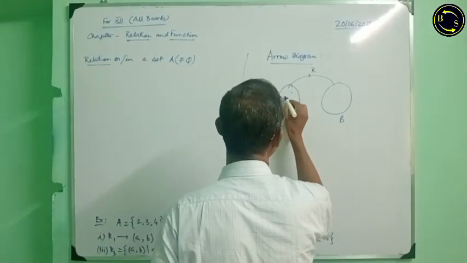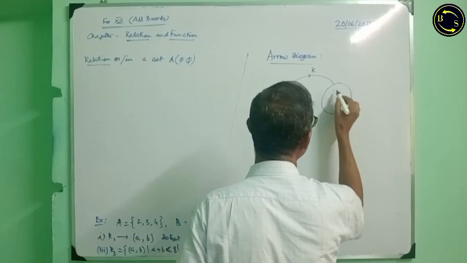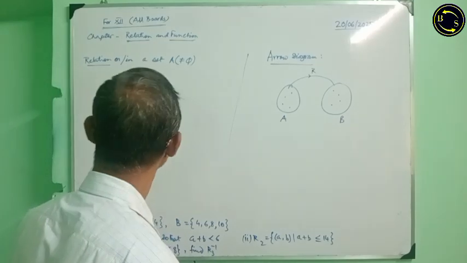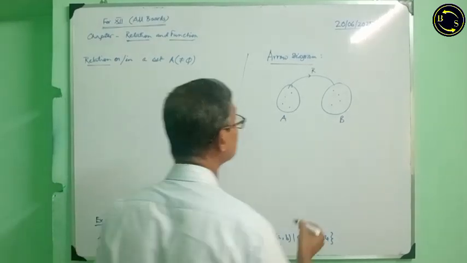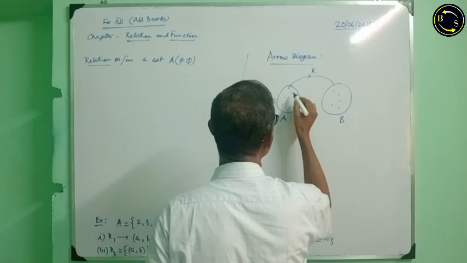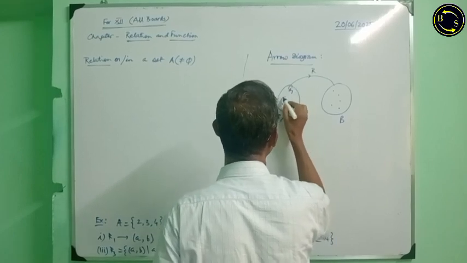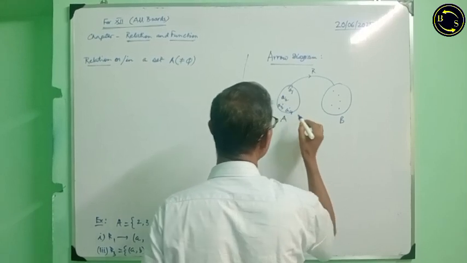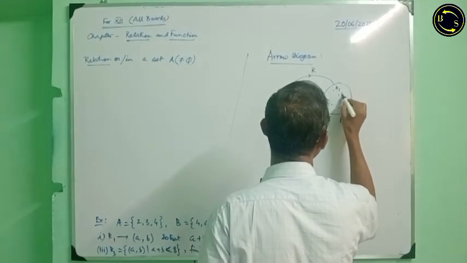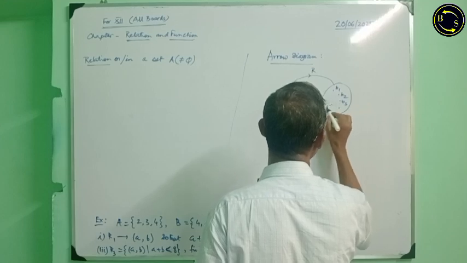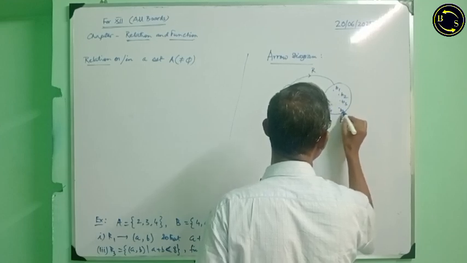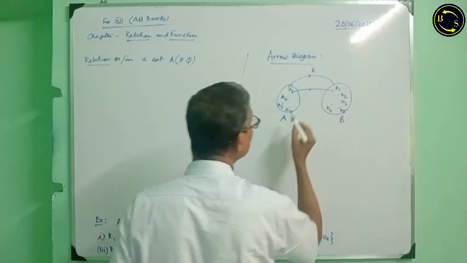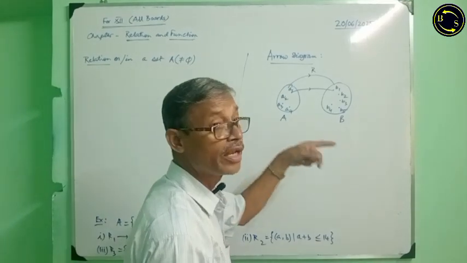Say, if we consider the relation like this, say A, B are related, we connect A, B like this.